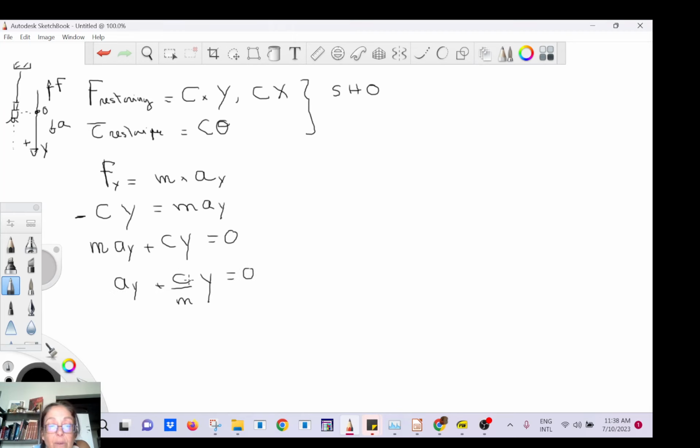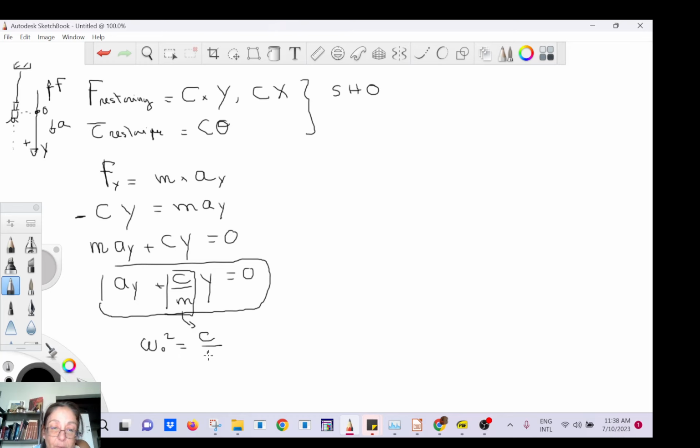We'll see that in more detail, but it's a differential equation of second order. But when you end up with this type of equation, then you always have that coefficient in front of the displacement, and it's going to be the angular frequency squared.